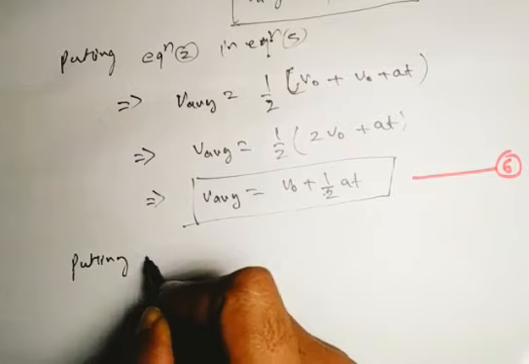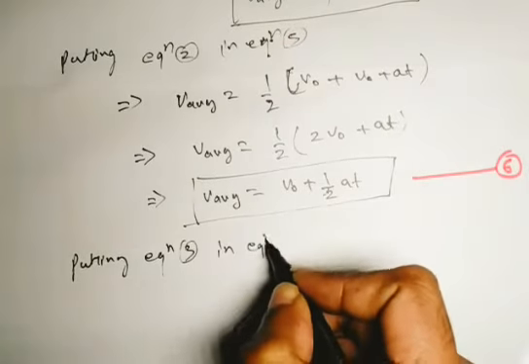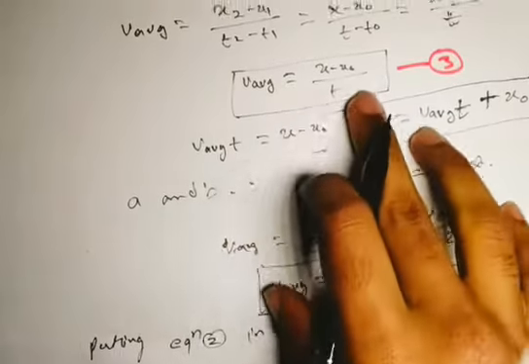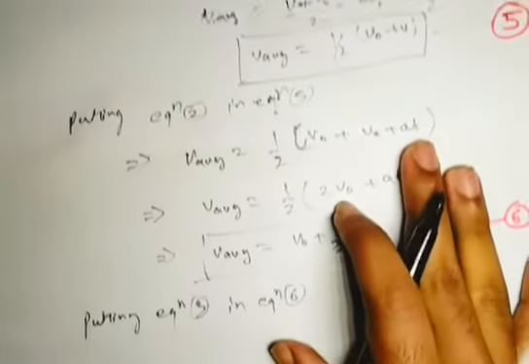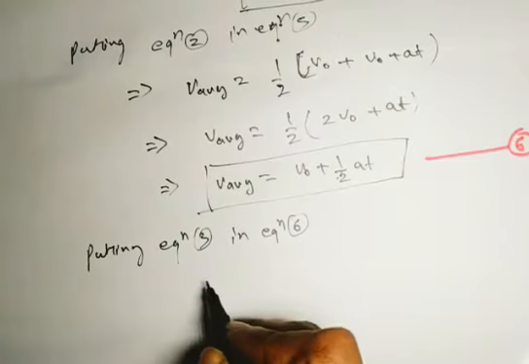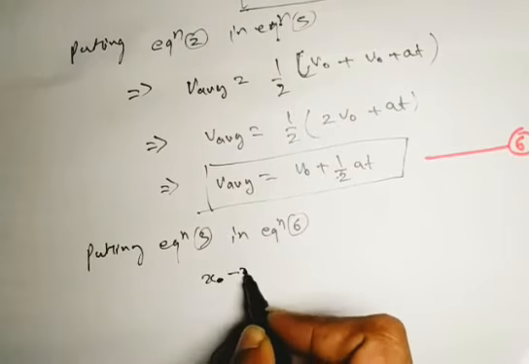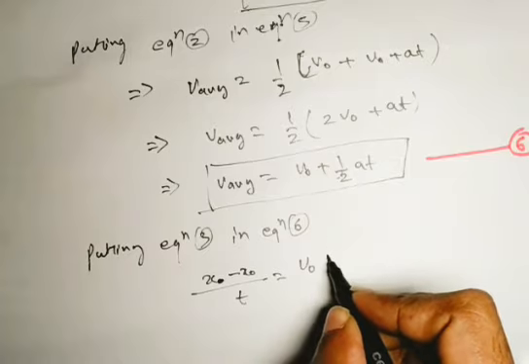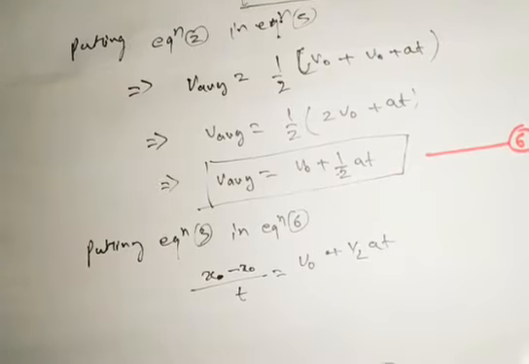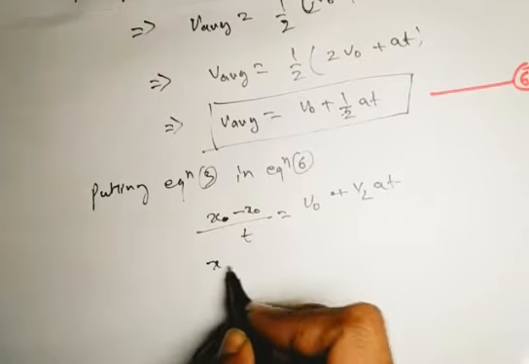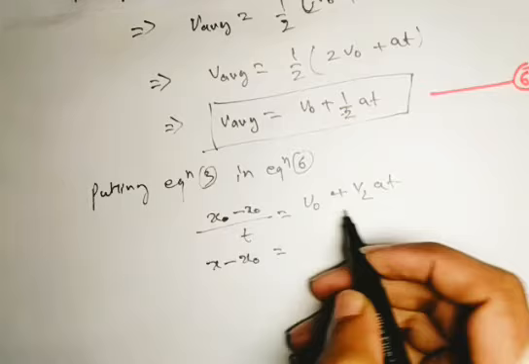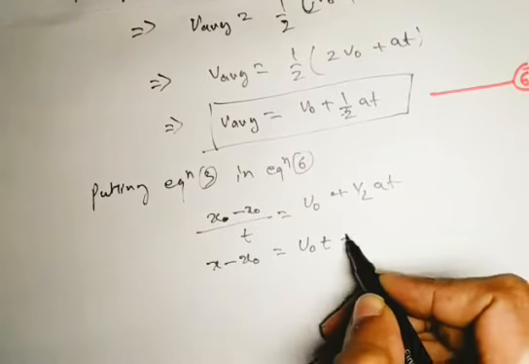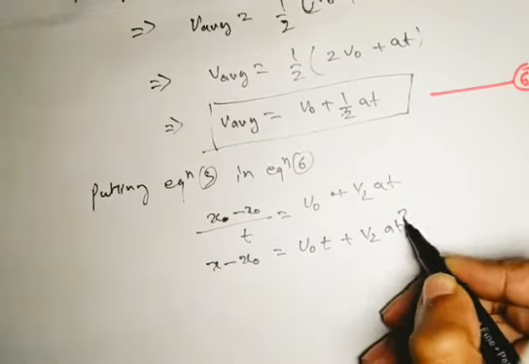Putting equation 3 in equation 6, what do we get? x minus x naught upon t equal to v naught plus half at, and t will multiply on the right hand side, so it will become v naught t plus half at square.